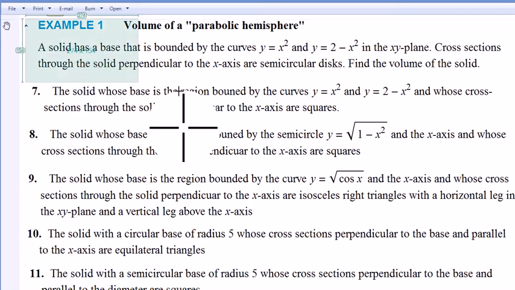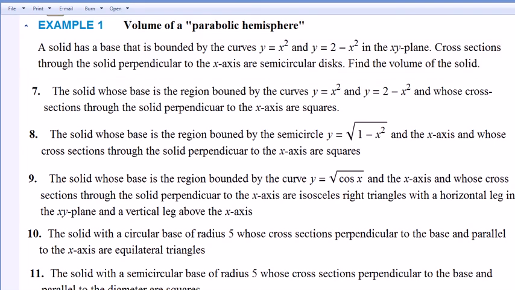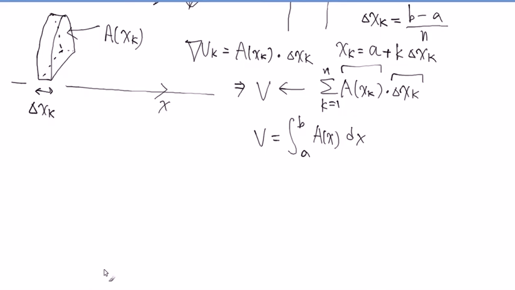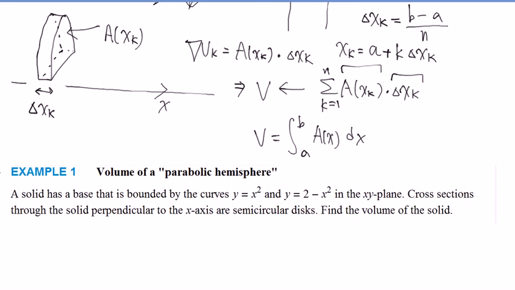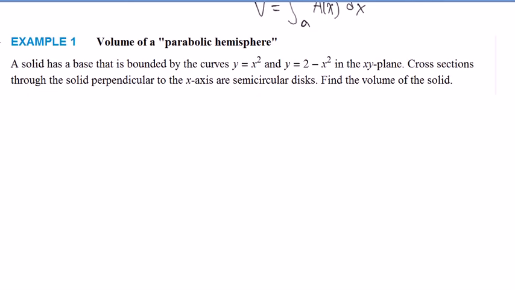Here's an example. In the test, if you look at your textbook, they gave you nice pictures of the shape of a solid. However, in the test, it's going to be given like this. You have to kind of analyze the shape of a solid. Maybe some of you would be good artists and can actually sketch it.